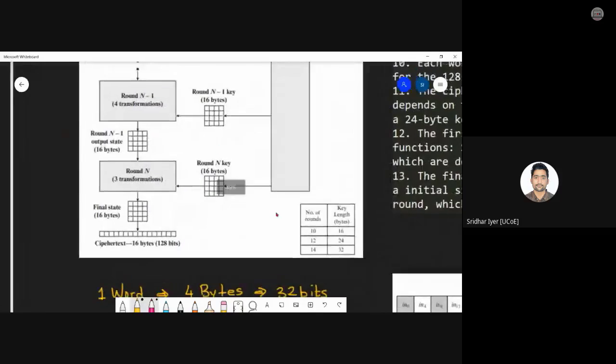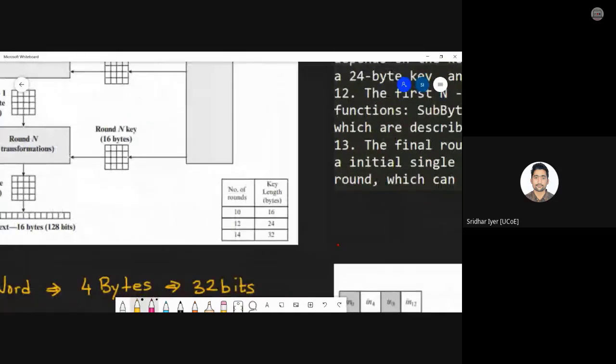The number of rounds depends upon the size of the key; we have three variants. If the size of the key is 16 bytes, that is 128 bits, we will have 10 rounds. If the number of rounds is 12, we will have a 192-bit key or 24-byte key. Similarly, if we have 14 rounds, we will have a 32-byte key or 256-bit key.